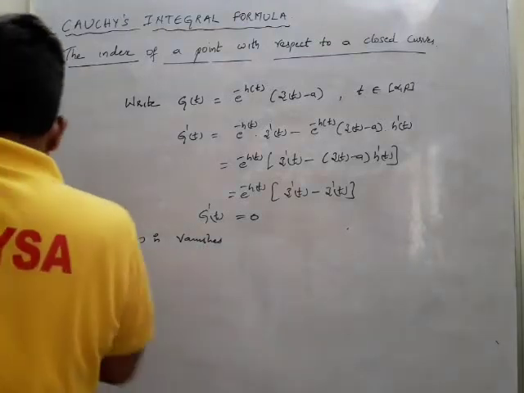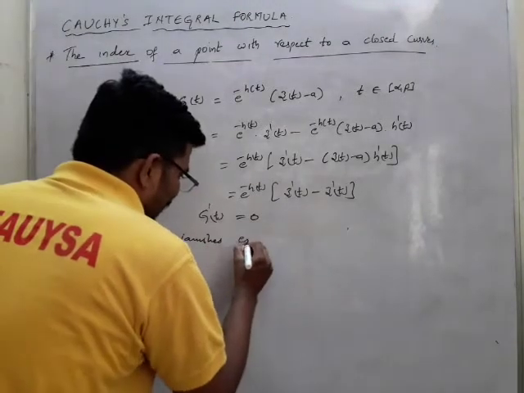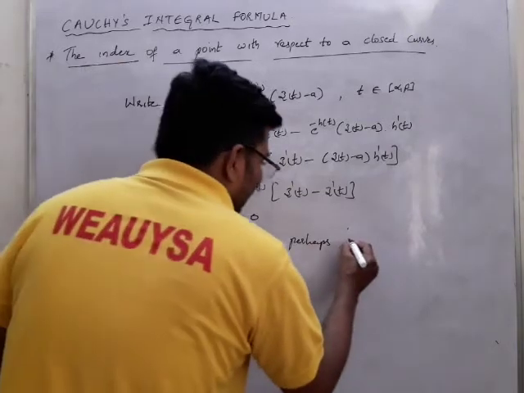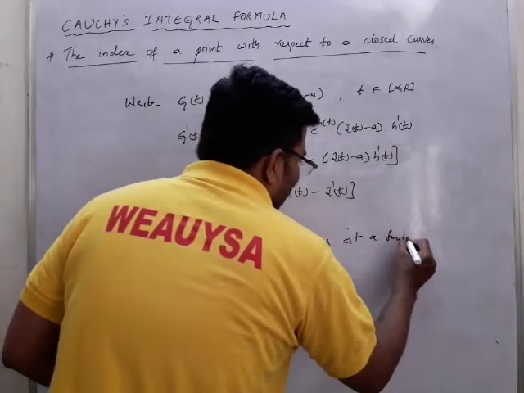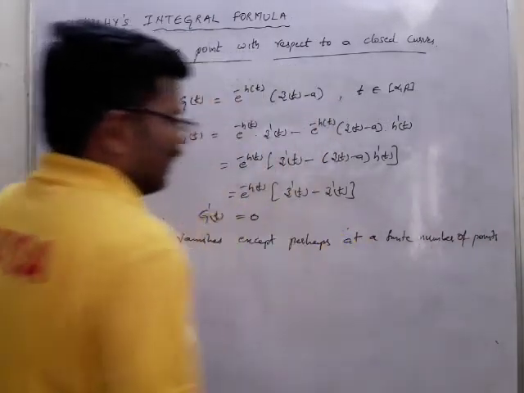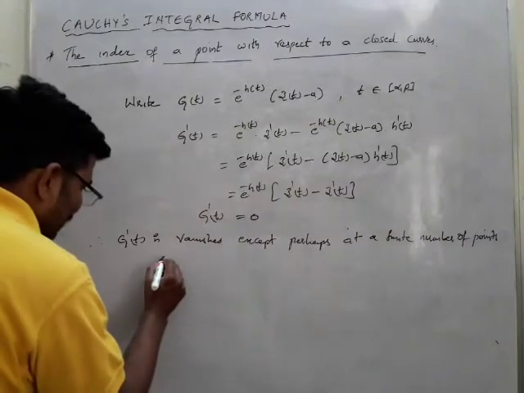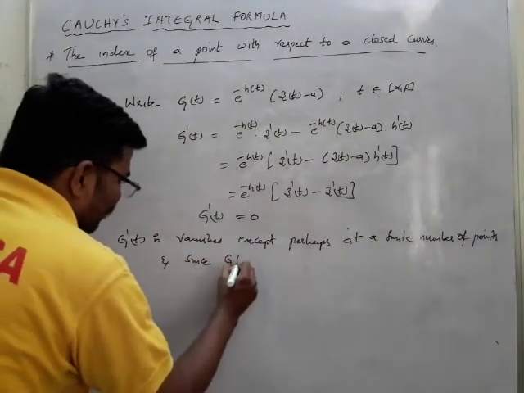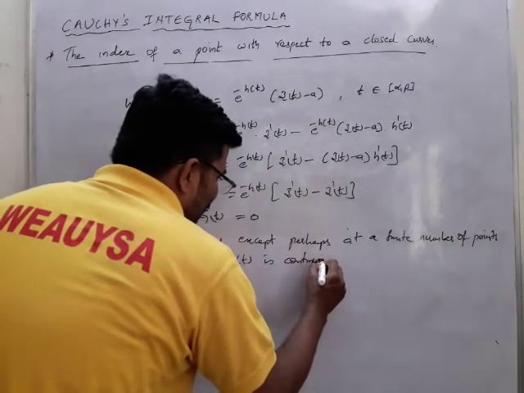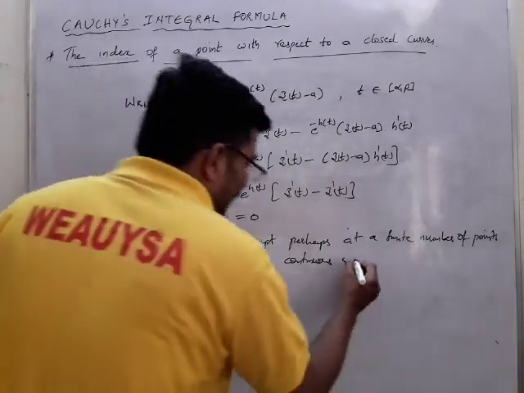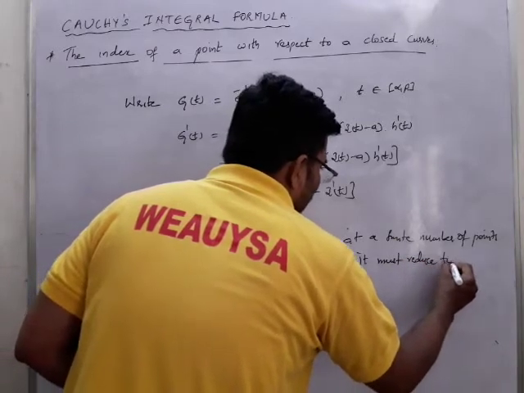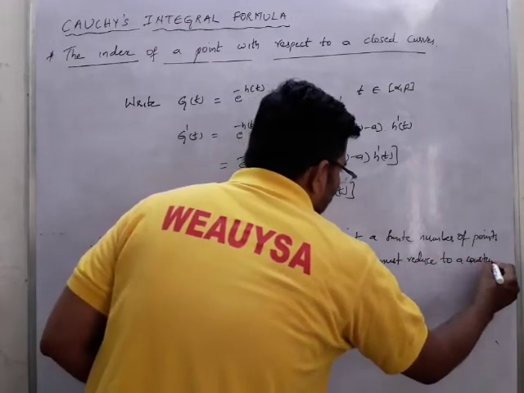except perhaps at a finite number of points, and since g of t is continuous, it must reduce to a constant.